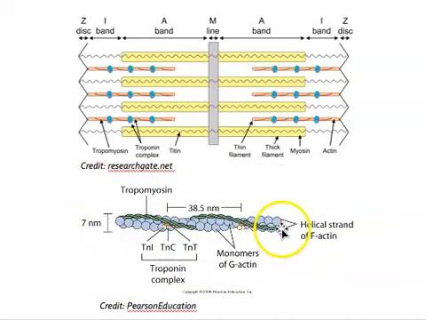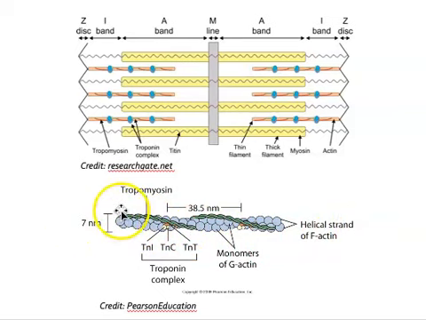Each one of the blue circles represents an individual molecule of actin, and you can see that there are actually two strands of many actin molecules all joined together. The two strands are wrapped around each other to create this filament.